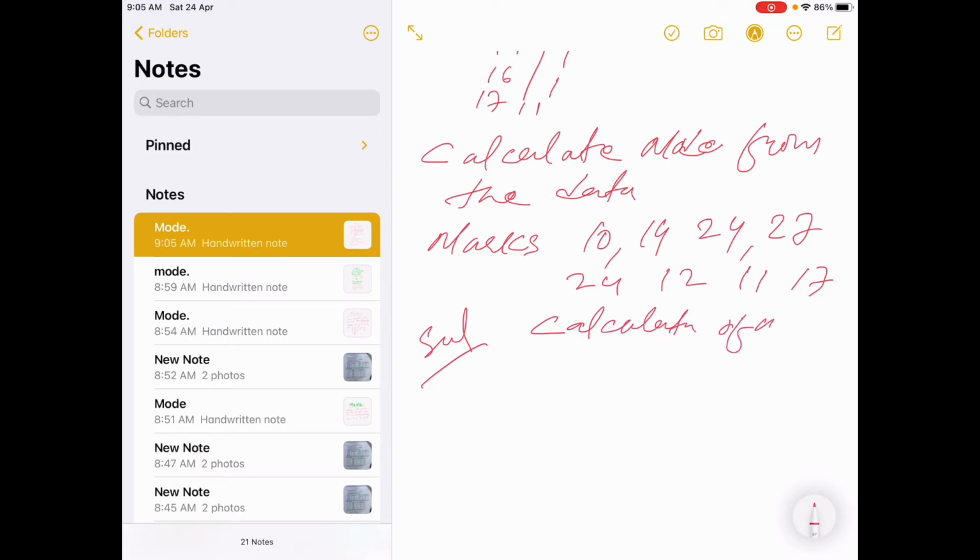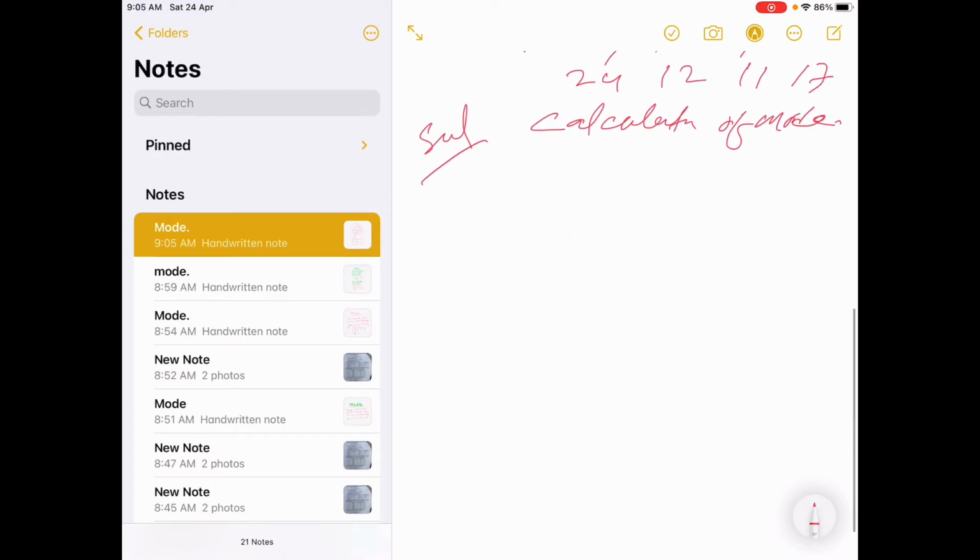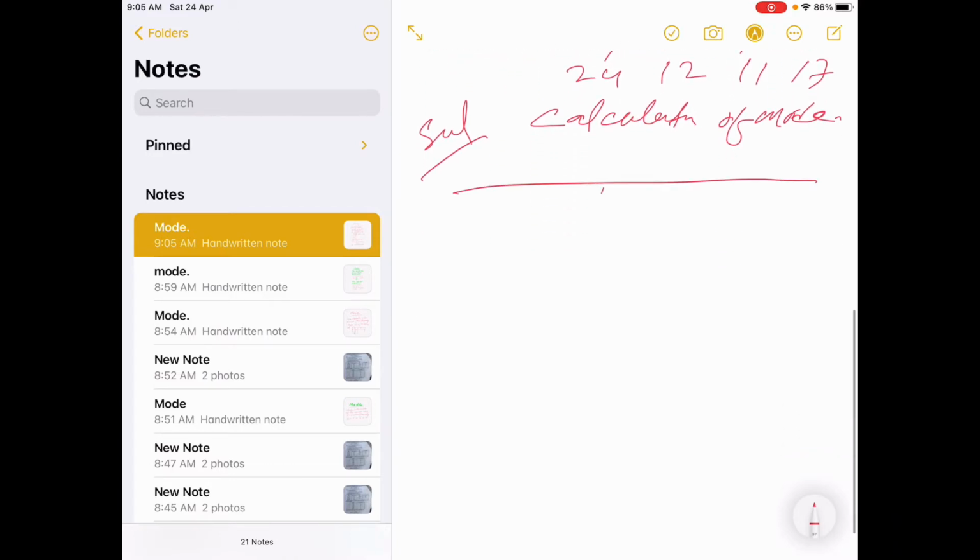What you have to do is simply prepare a table and write x and f.